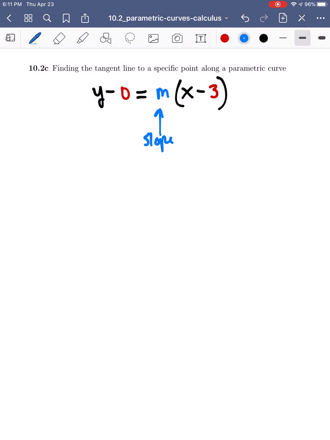In a couple of videos ago, we figured out how to find the slope along a parametric curve. The slope we still think about as dy/dx, basically rise over run. And for a parametric curve, we saw that this is equal to dy/dt all over dx/dt.